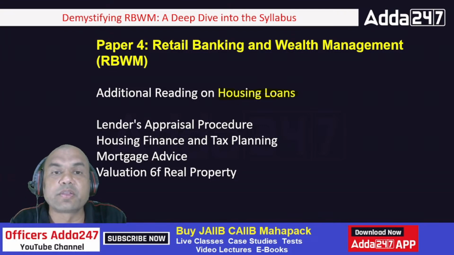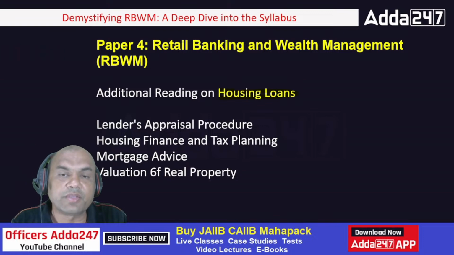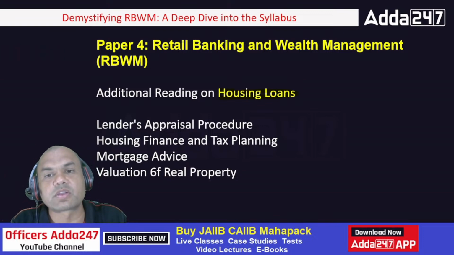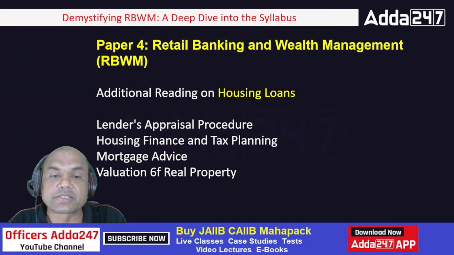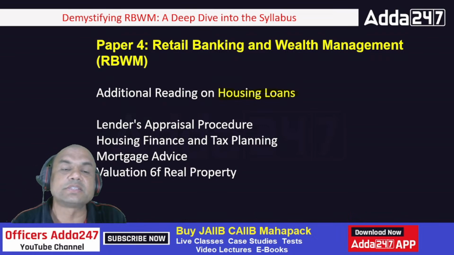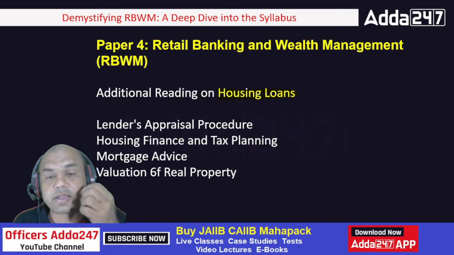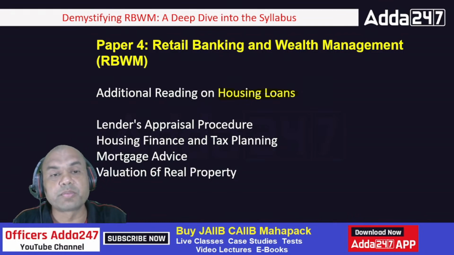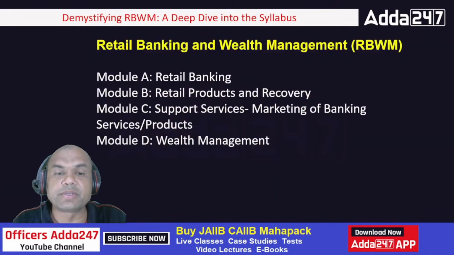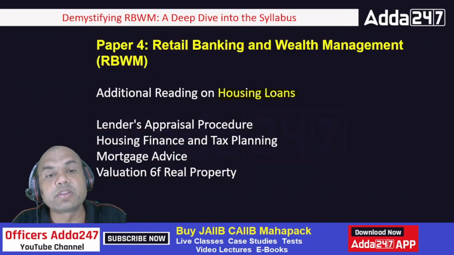Risk is distributed hugely, because housing loans are always given for a lesser amount than the value of that house. So what all are the additional parts? Lenders appraisal process, housing finance and tax planning, mortgage advice, valuation of real properties. So these are all the topics in the additional reading. These are the four important modules A, B, C, D, and this you can call module E.